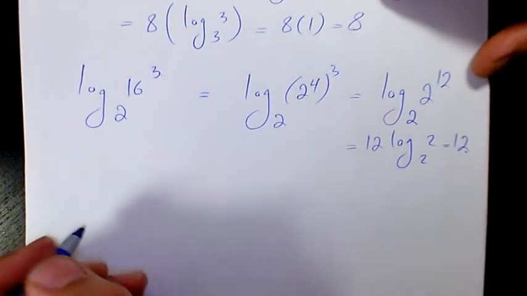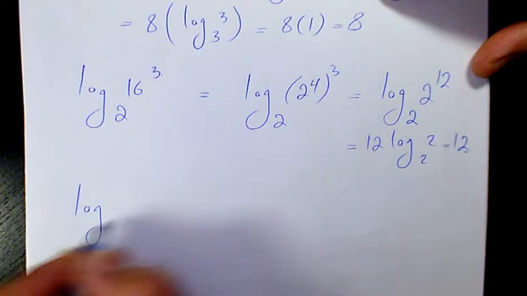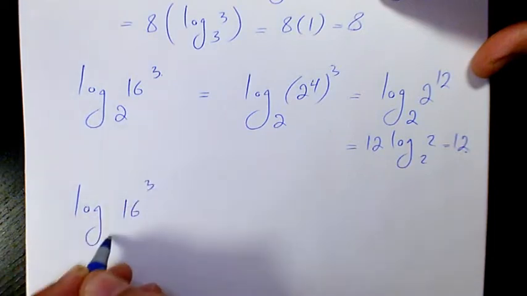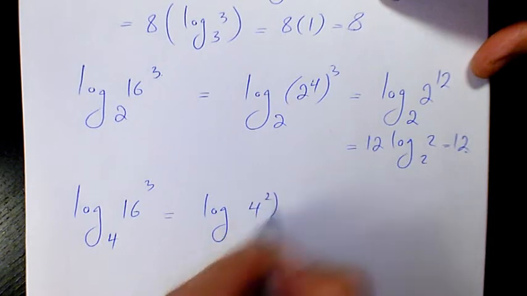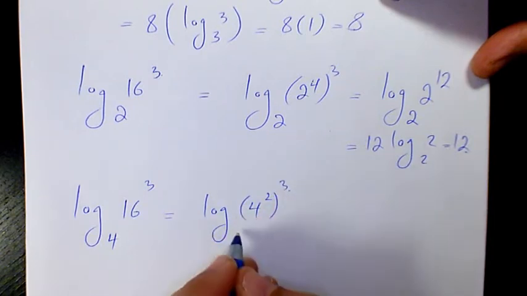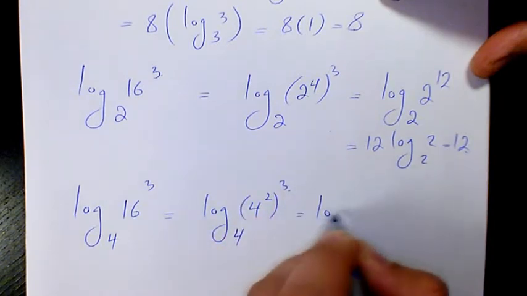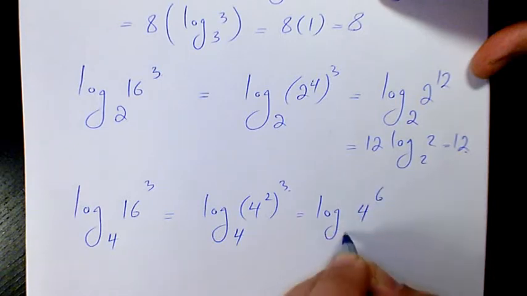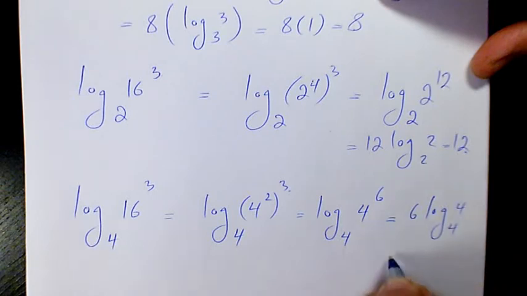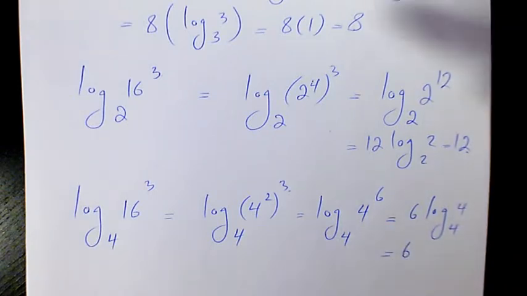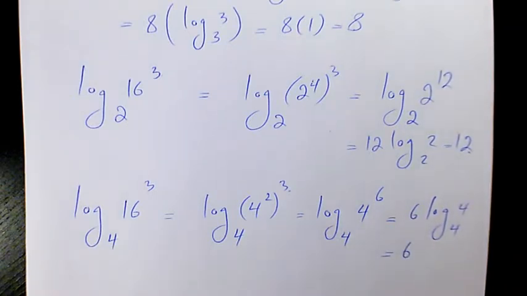Next one, log 16 to the power of 3 base 4. 16 is 4 to the power of 2, to the power of 3, base 4. So that's going to be log 4 to the power of 6 base 4, which is going to be 6 times log 4 base 4, which is 6 times 1 equals 6.